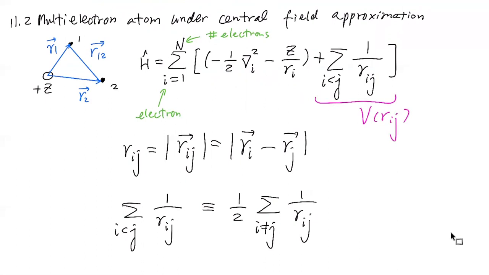And the coordinate of i and the coordinate of j are connected to each other. You cannot separate them. That means you can no longer apply separation of variables. If you cannot apply separation of variables, that means you essentially have no way to solve the equation exactly, right? So in chemistry, the Schrödinger equation for the many-body system cannot be solved analytically. It's impossible to solve it exactly analytically, okay?